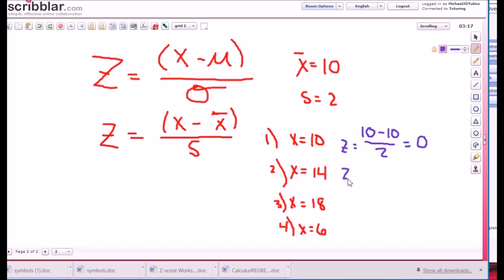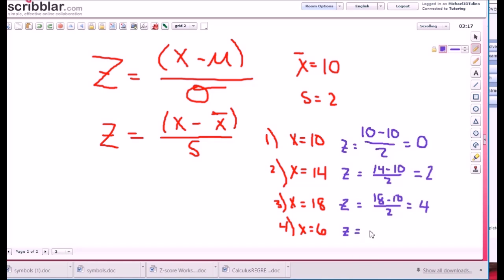Next, 14 minus 10 over 2. That's 4 divided by 2, which is 2. Over here, I'm going a little quickly, 18 minus 10. That's 8 over 2, and 8 divided by 2 is 4. And we'll do one more.